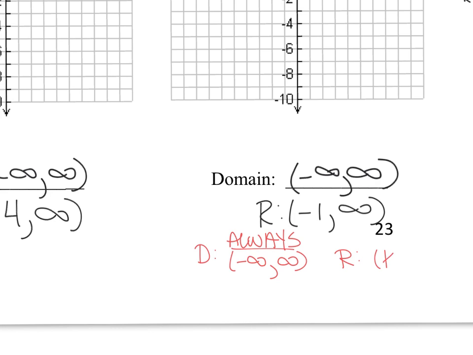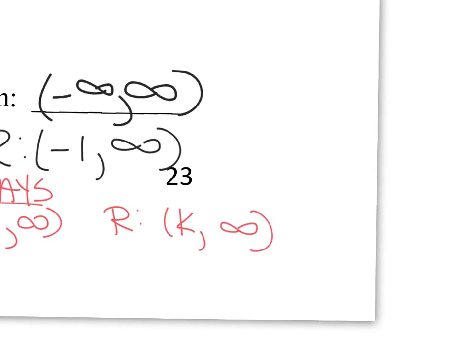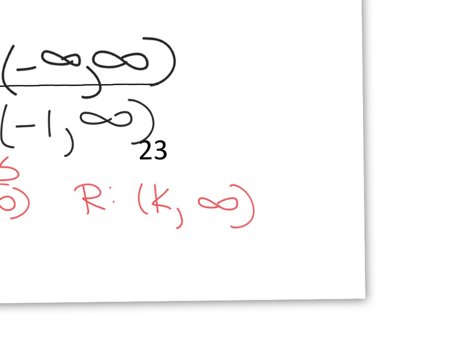It will be a K value to infinity if and only if your graph is growing. So your range will be K to infinity if your graph is growth.